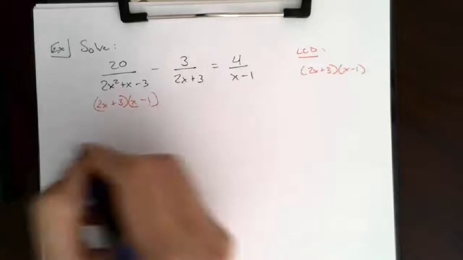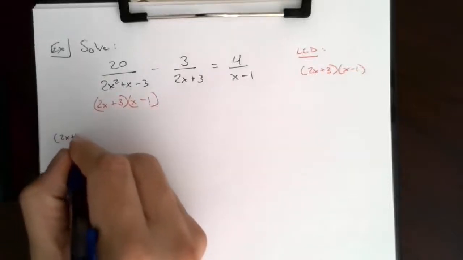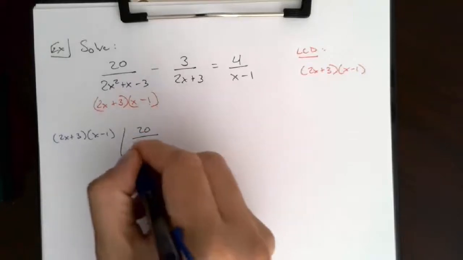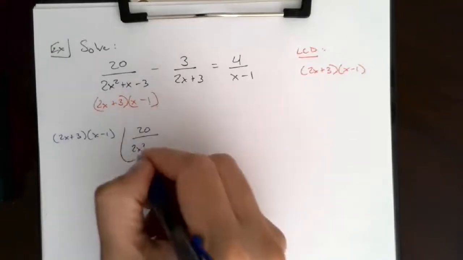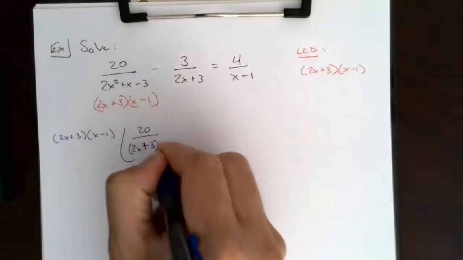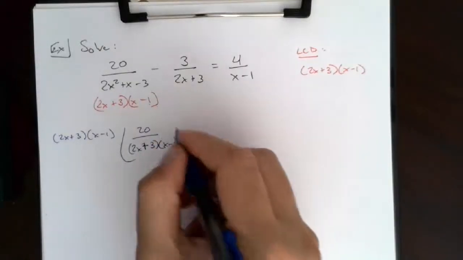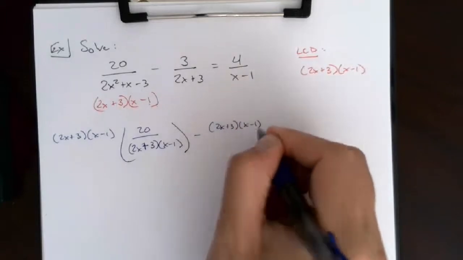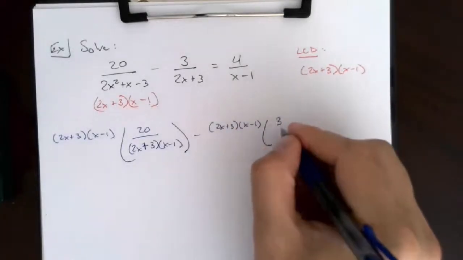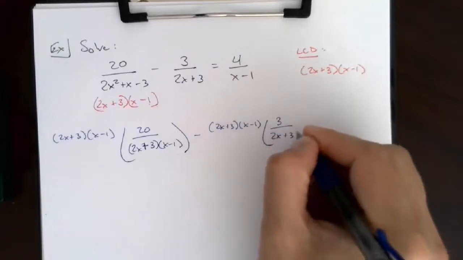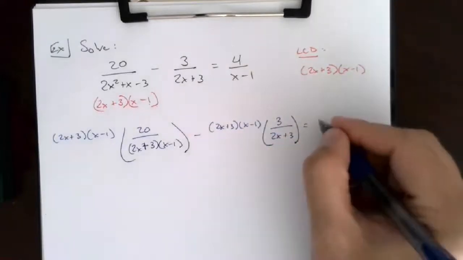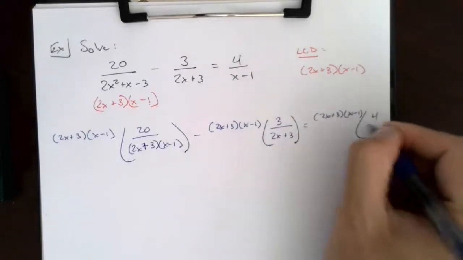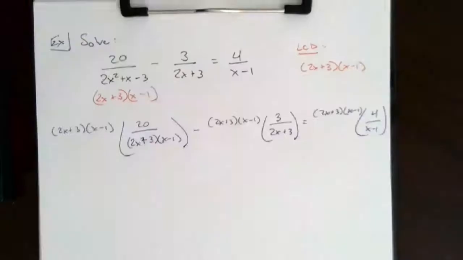So if I was to do that, I'd take 2x plus 3 times x minus 1 times 20 over, maybe I'll write it again in the factored form, so 2x plus 3 times x minus 1, minus 2x plus 3 times x minus 1 times 3 over 2x plus 3, and it's equal to 2x plus 3 times x minus 1 times 4 over x minus 1.